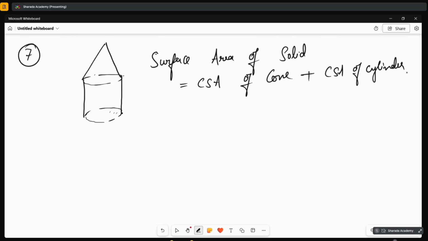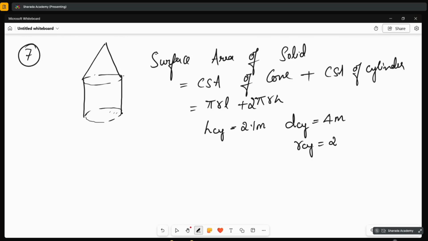What is CSA of a cone? Pi into r into l. What is CSA of a cylinder? 2 pi r into h. Now what and all they have given here? The height and diameter of the cylindrical part are 2.1 and 4 meters respectively. Cylinder height is 2.1 meters, and diameter of the cylinder is 4 meters. So radius of the cylinder is 2 meters.